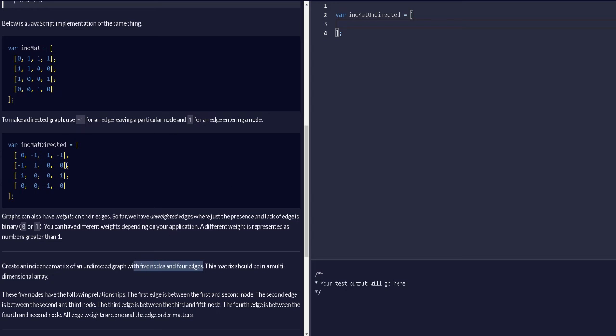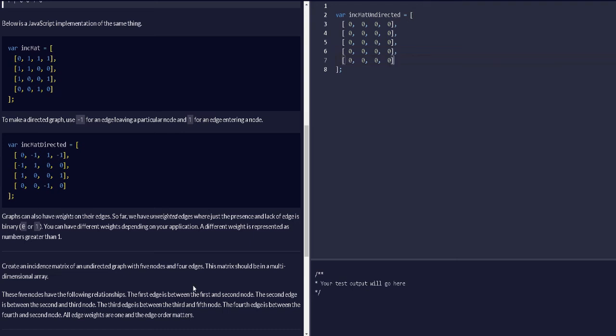Okay, so let's use this. So 1, 2, 3, 4 nodes. All right, we don't have a relationship yet, so let's type that. So that's the first node, second node, third node, fourth node, and fifth.